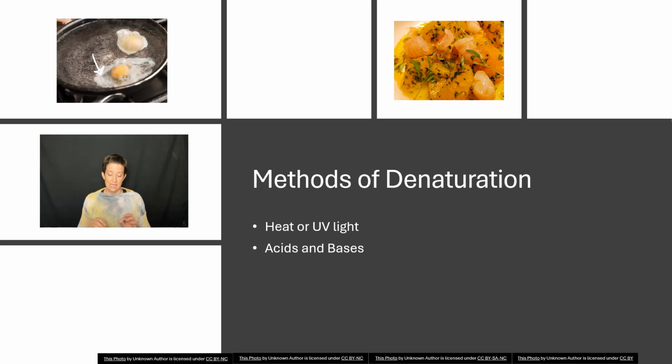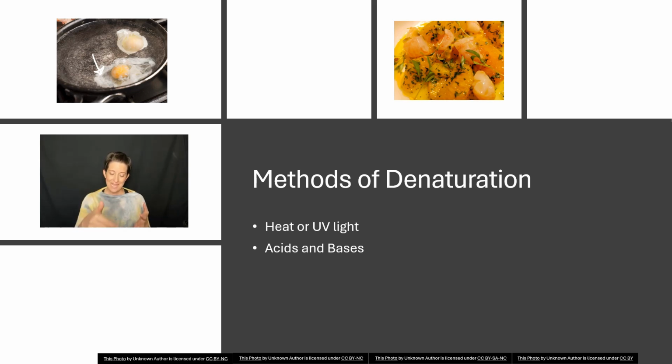Next is using acids or bases. So if you've ever had ceviche, I have not. Sounds disgusting. But apparently you can take fish and you put it into lemon juice or lime juice. Those are very acidic juices. And so the acids are going to preferentially want to interact with those R group interactions and hydrogen bonds.